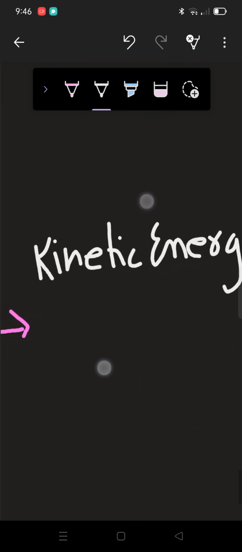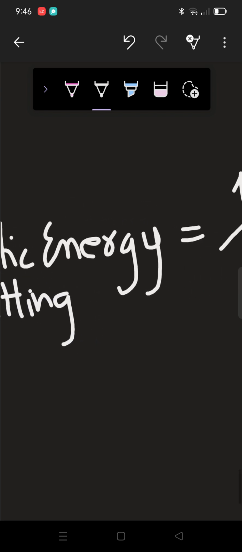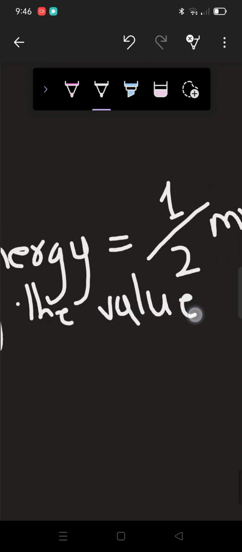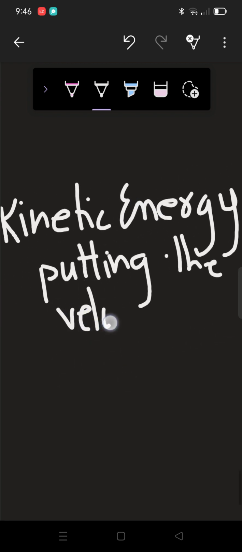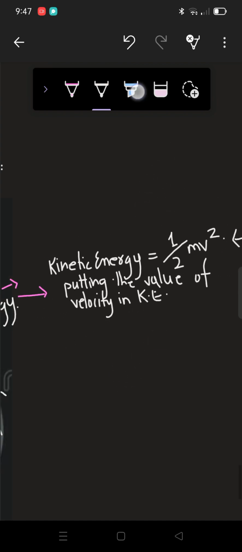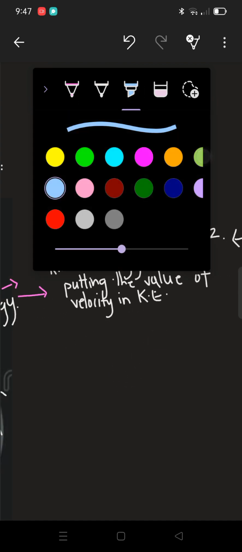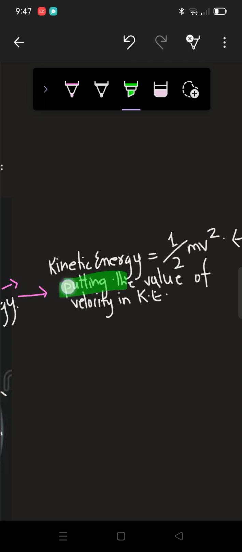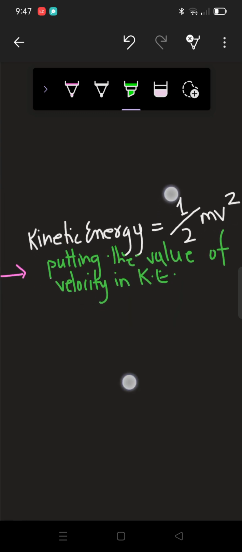Let me write this statement: putting the value of velocity in kinetic energy formula. Now we're gonna put the value of velocity instead of v in the kinetic energy formula, right?